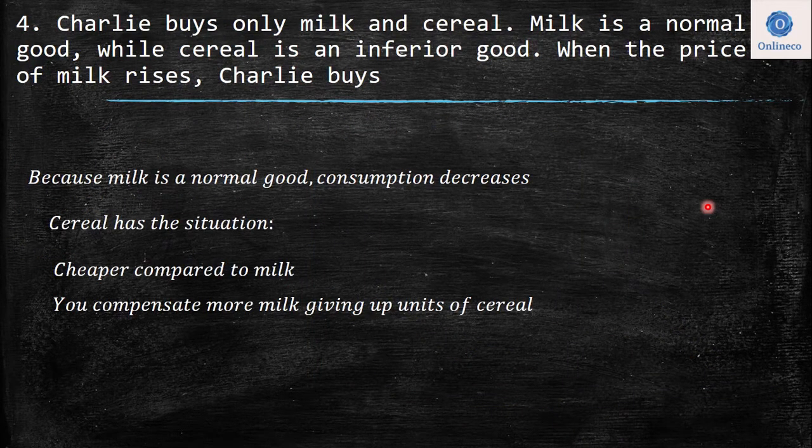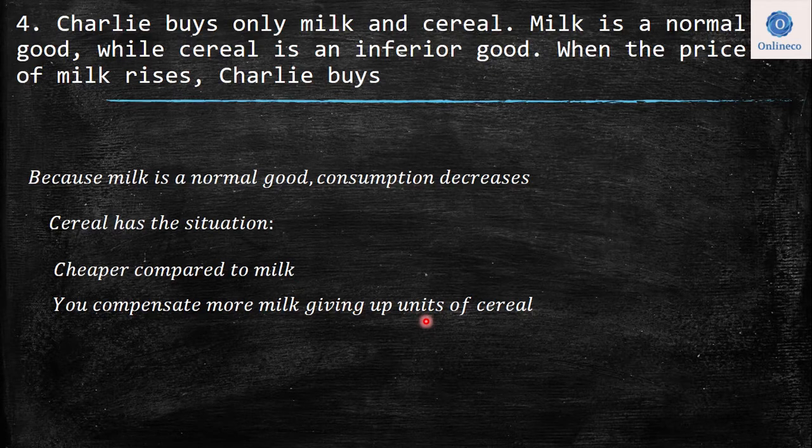Then, Charlie buys only milk and cereal. Milk is a normal good, so consumption decreases. But cereal has the situation as I said before. It is kind of cheaper compared to milk, so you can compensate with more milk by giving up units of cereal. So it depends on the movement and the shape of the indifference curves.